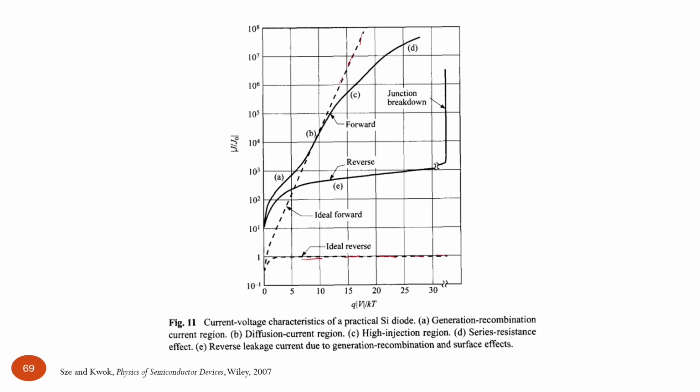So this is the JV, the current voltage characteristic of an ideal PN junction. However, in reality we have different conditions. First of all, if you take a look at this region, that is the so-called leakage current.